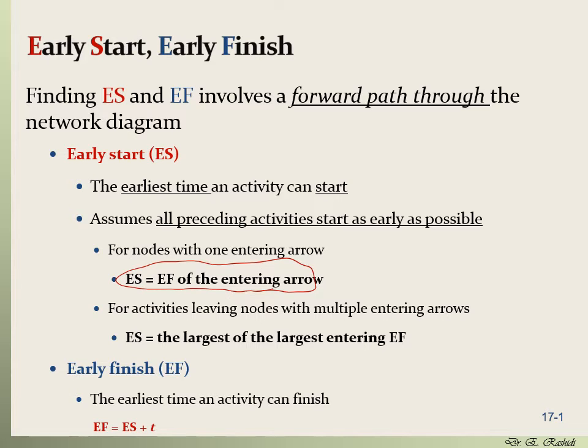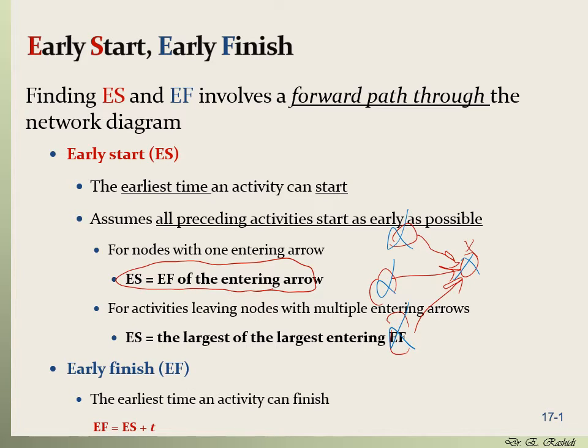What if we had multiple precedence relationships? Suppose there are several activities that need to be completed before you can start an activity. So let's show it by nodes and diagram. Suppose we want to start this activity and there are several precedence arrows here. This means that for this activity to start, all of these three activities must be completed.